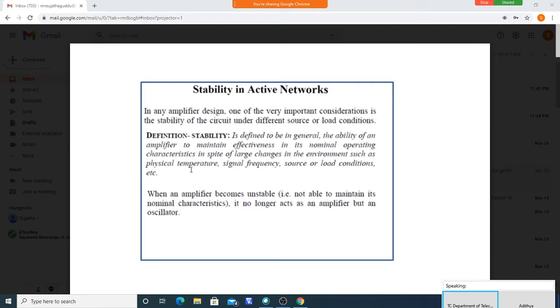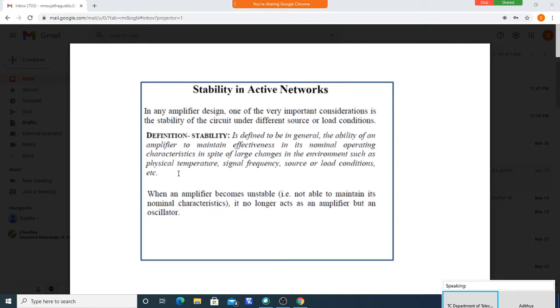It should remain the same while operating. While it is in working condition, that 15 dB must be retained. It should not change.